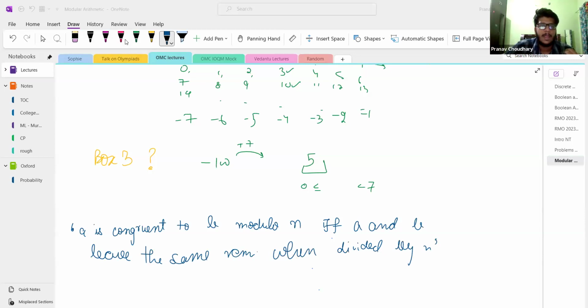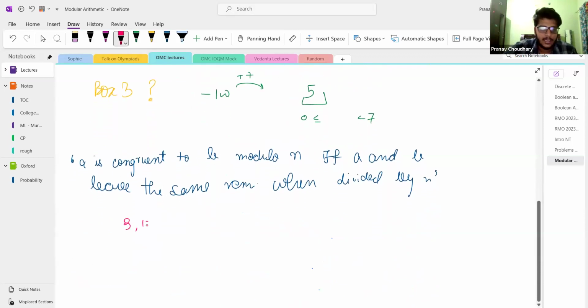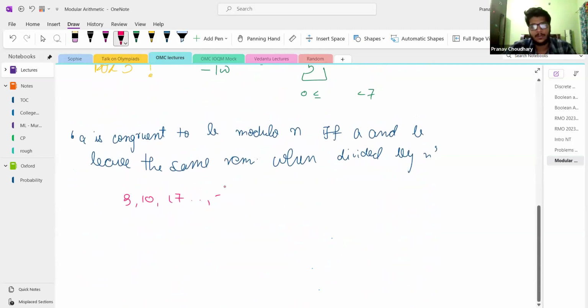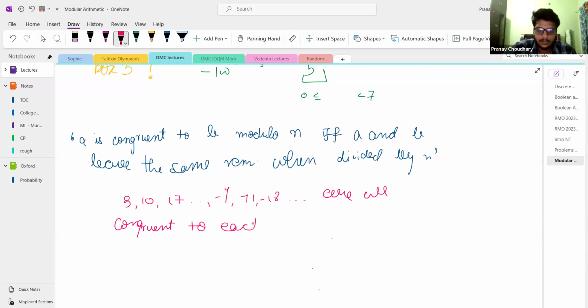So basically, if we see box 3 here, we get that 3, 10, 17, and so on, and on the negative side minus 4, minus 11, minus 18, and so on, are all congruent to each other modulo 7. I hope this definition is clear.